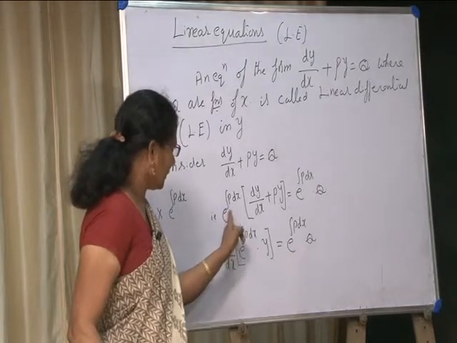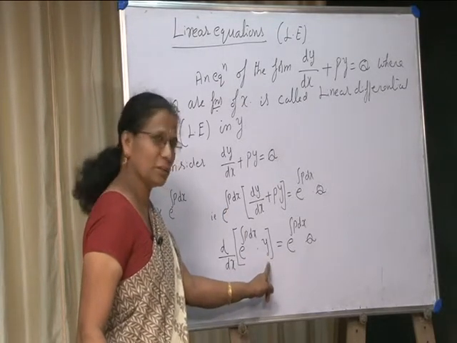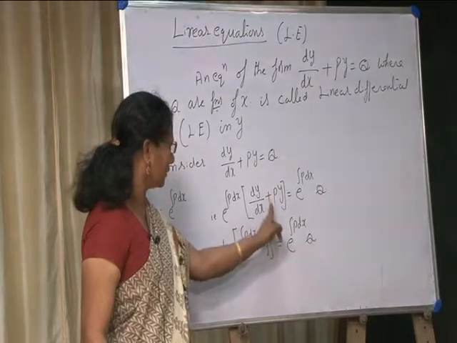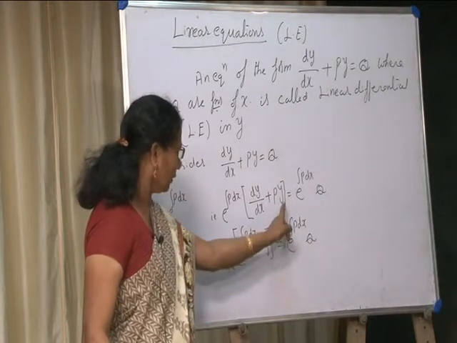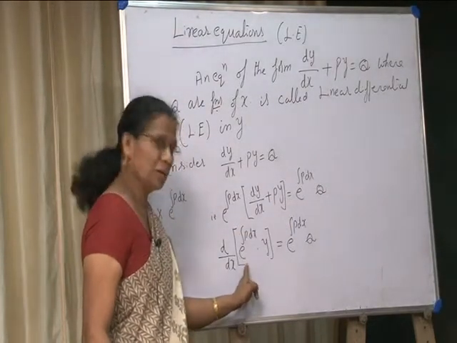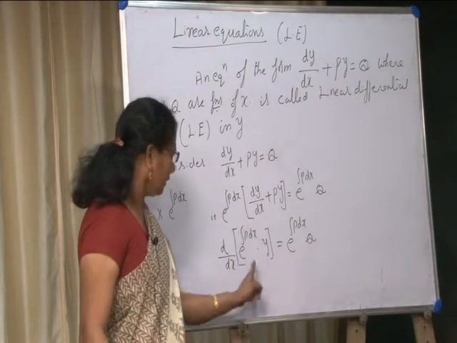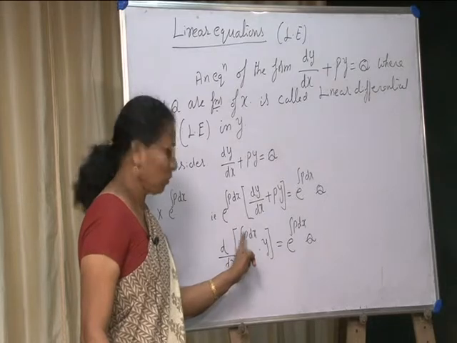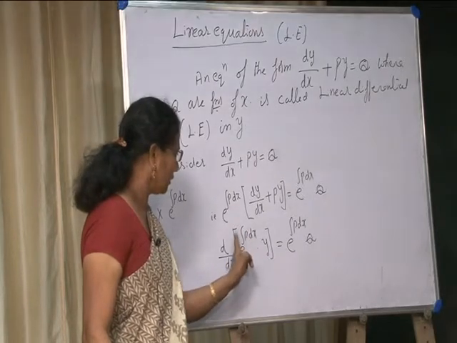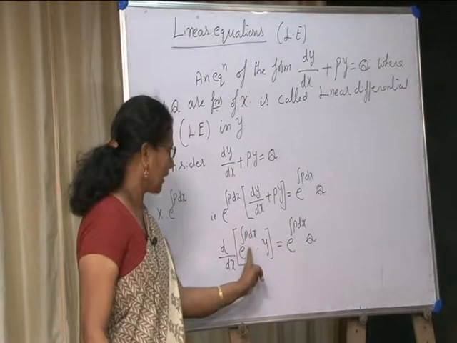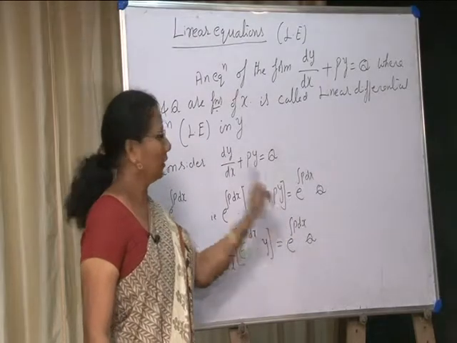First one keep as it is into the derivative of the second one, dy by dx, plus second one keep as it is into the derivative of the first one, e to the power of integral of p dx, into the derivative of the integral, where derivative and integration get cancelled, that is equal to p.